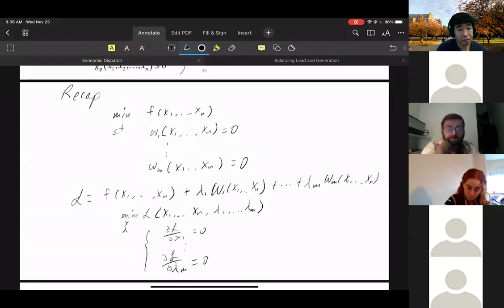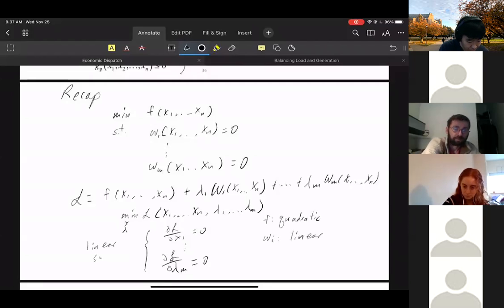And for this class, what will always happen is f is quadratic and the constraint functions omega i are linear. So this is a linear system. Once you follow this procedure, you get a linear system, and then we can use a computer to very easily solve it.